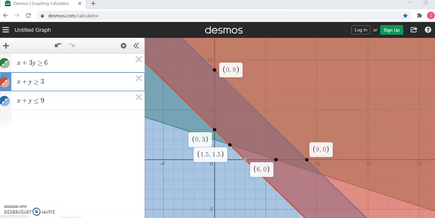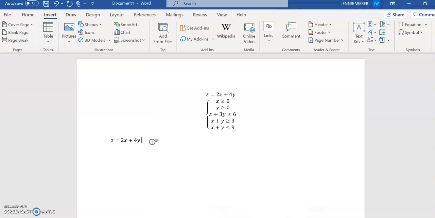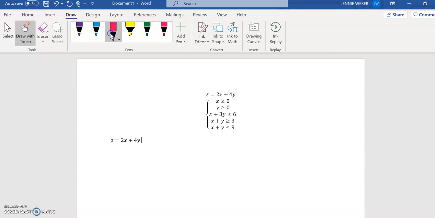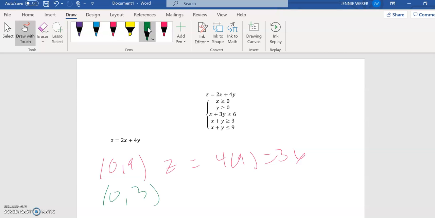Now I'm going to test each one of these in the objective function right here. I'm going to start with 0, 9. That's going to be 4 times 9, that's 36. Then I'm going to do 0, 3, and I can tell you right now that's smaller. That's 12.